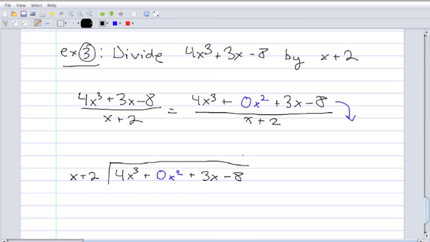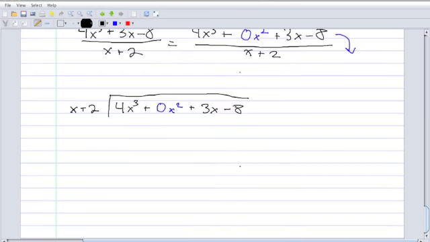So this is what we're working with in this case. So if I look at this 4x cubed, I'm going to say 4x cubed divided by x, and I get 4x squared.